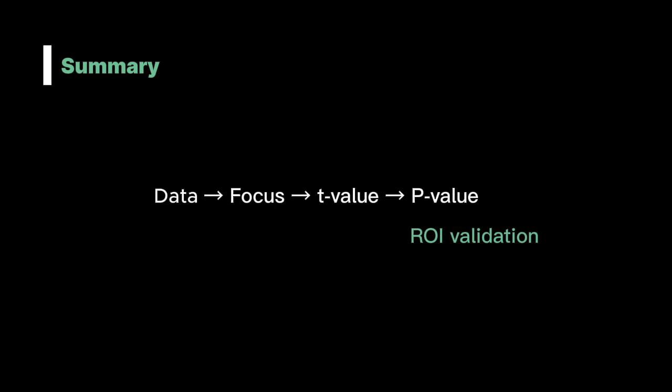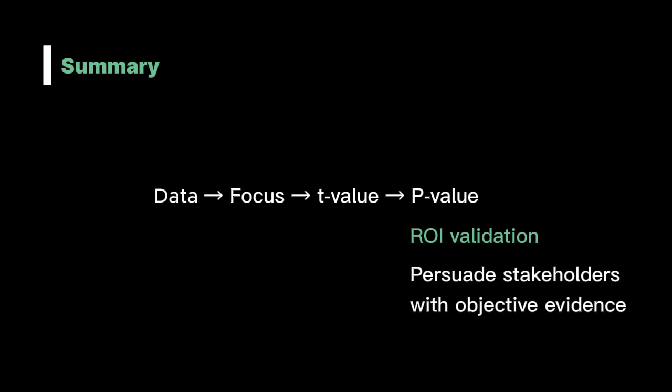Your final verdict for ROI validation. Stop second-guessing your investments. The power of this test is not in the formula, but in your ability to confidently interpret the output and persuade stakeholders with objective evidence.